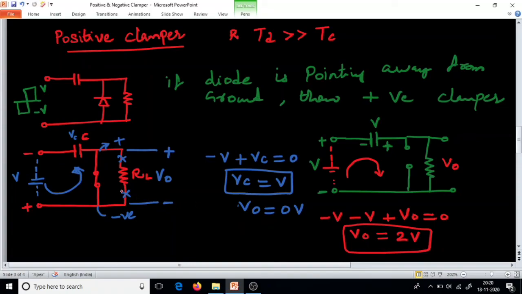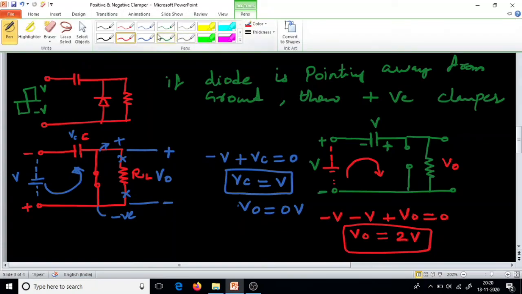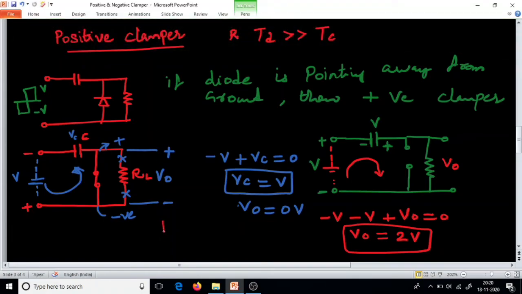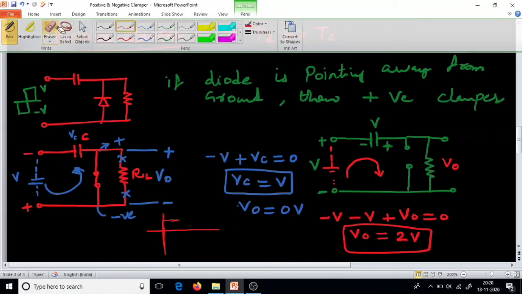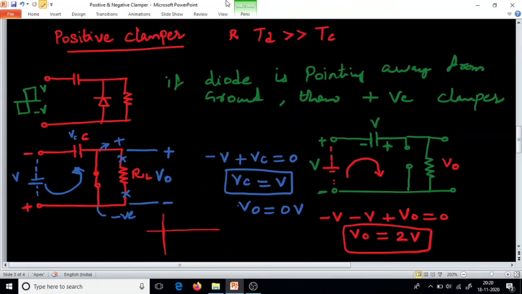Now we'll draw and see how the waveforms are related. My input waveform was like this: negative, positive.